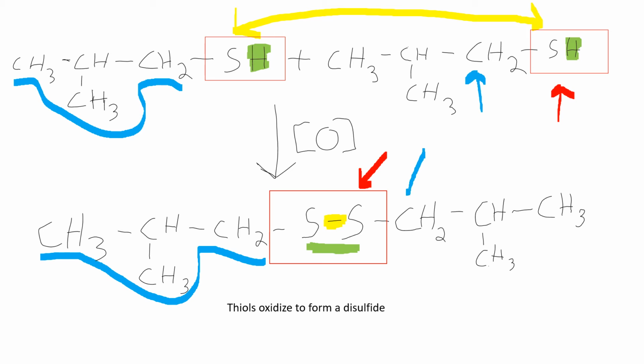I need to have a CH2 then attached. So what you're finding is sometimes you're going to have to rotate a molecule either on paper or in your head in order to make sure that things keep the same connections. Okay? I had to rotate one of these sulfurs around in order to get the sulfurs to match up. So you have to be very careful when you're doing that, such that you maintain the same bond connectivities.